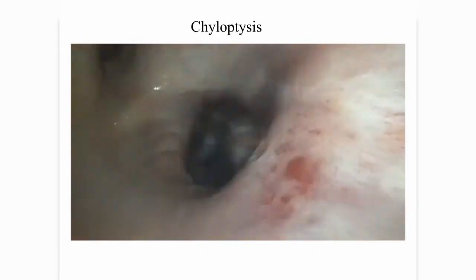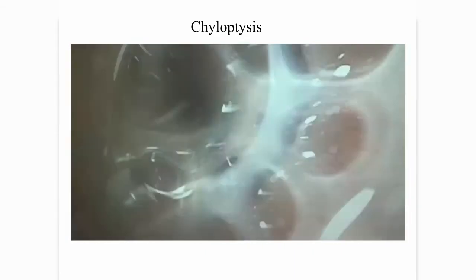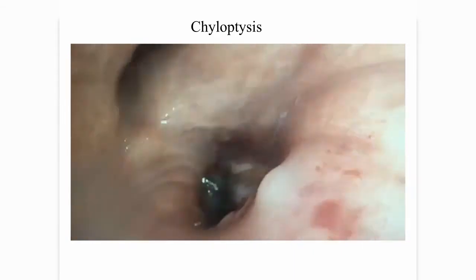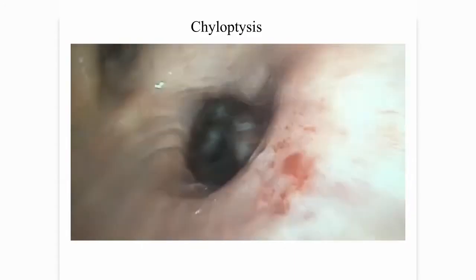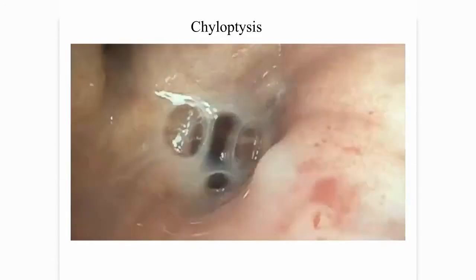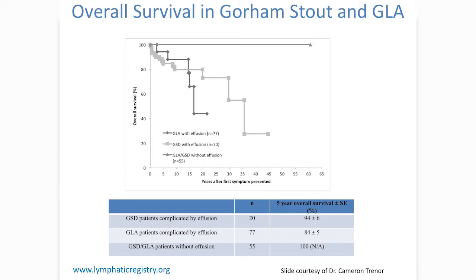Chyloptysis is another presentation we treat here at the University of Pennsylvania. This is a pure leakage of lymph into the lung parenchyma. And what's important is that the work by Cameron Trenor demonstrated that all patients with GLA or Kaposi-form lymphangiomatosis survive longer if their lung is not involved.